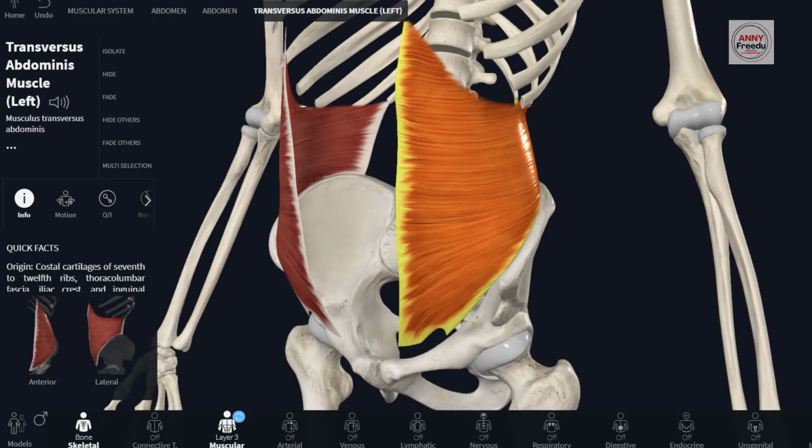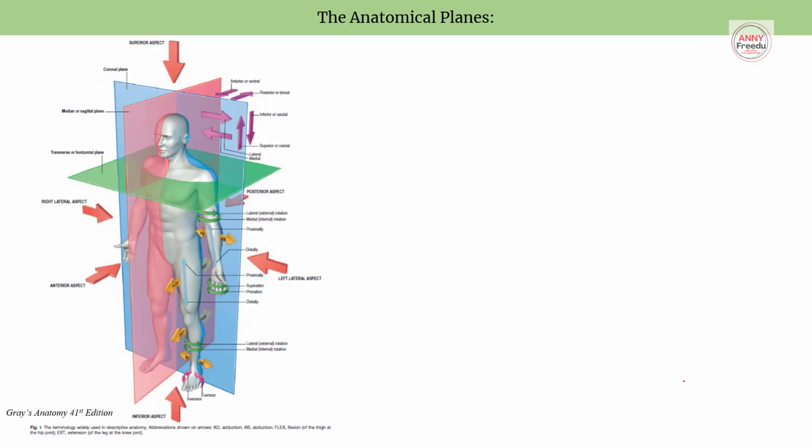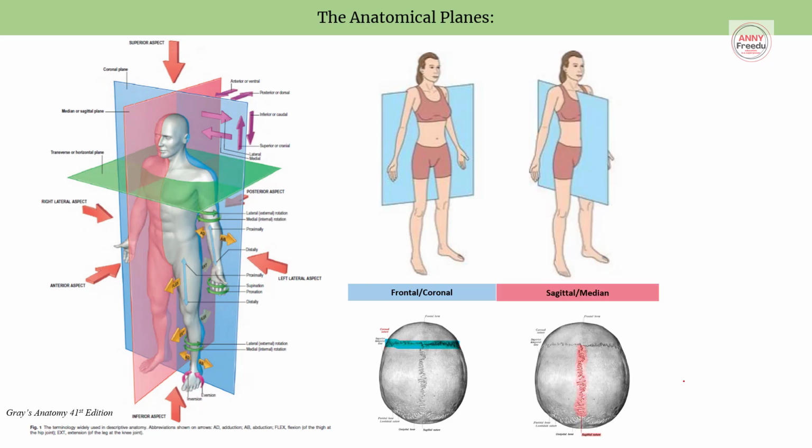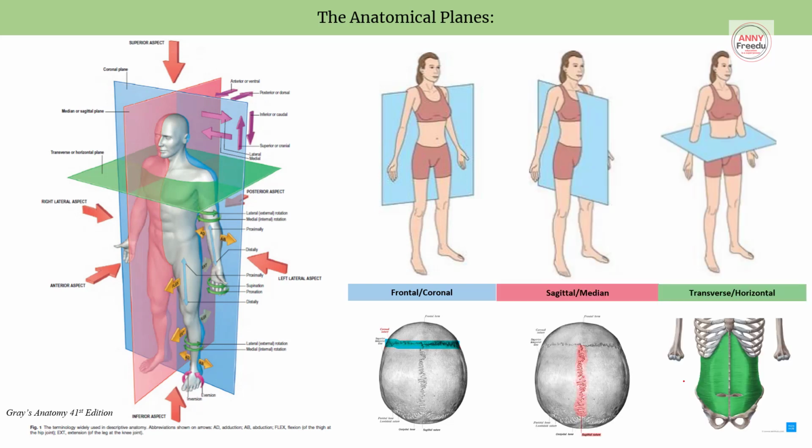This muscle is called so because its fibers are directed horizontally, transversely, and basically the name of this muscle tells me that its fibers are horizontal in the abdominal region. So we have the frontal, aka coronal plane, the sagittal plane, and the transverse or horizontal plane, which actually divides the body into superior and inferior parts.